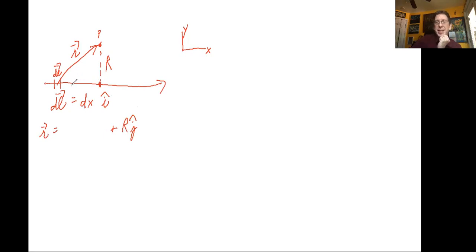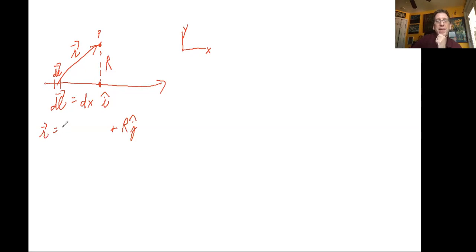If you're to the left of the origin, that means the x coordinate is negative, but the x component of the r vector is positive. And if you're to the right of the origin, then the x coordinate is positive, but the x component of the r vector is negative. It points to the left.